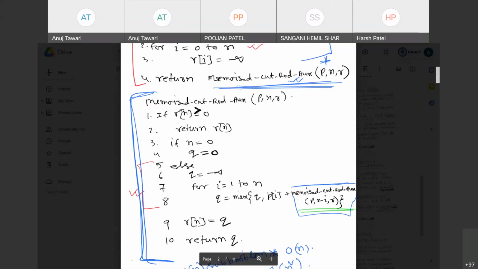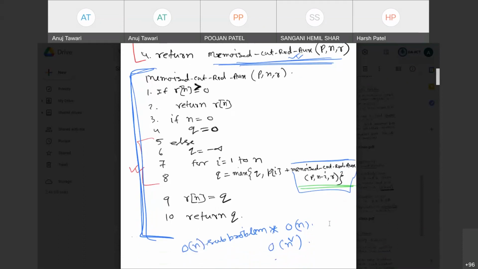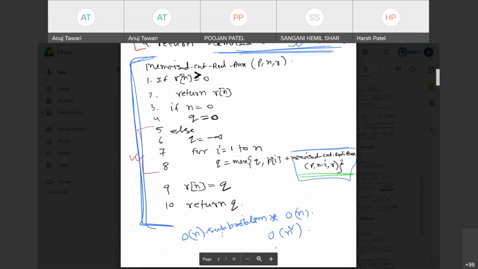So notice that each of these values, R0, once we have computed it, we store in this array. Similarly for R1, R2, and so on. And finally, we store the value of Rn by using this memoized approach. So there are totally big O of n subproblems because we need to find R0, R1, R2, up to Rn minus 1.